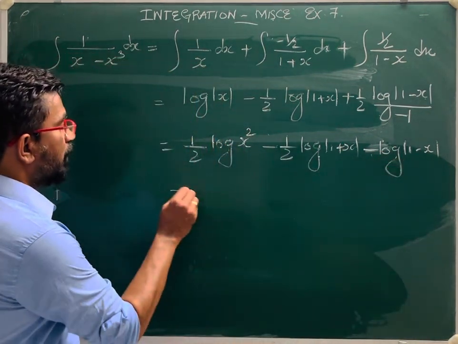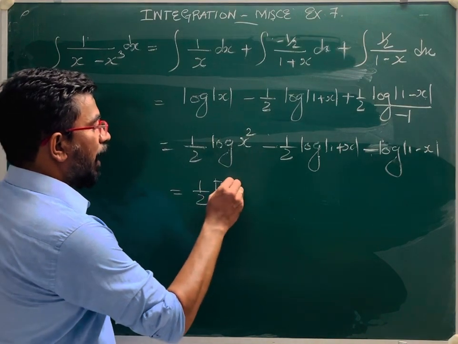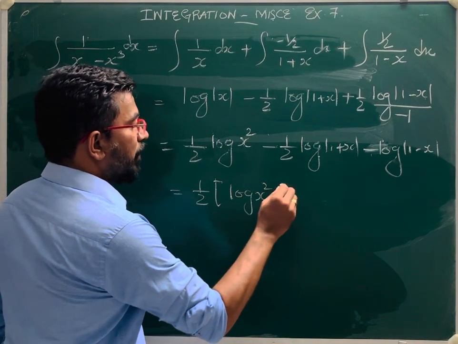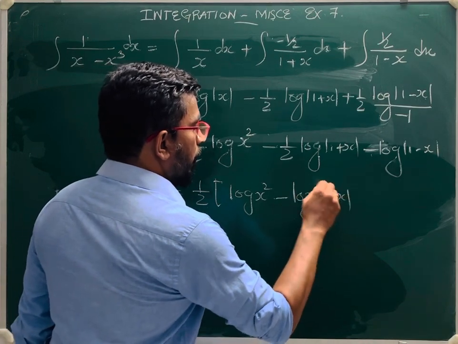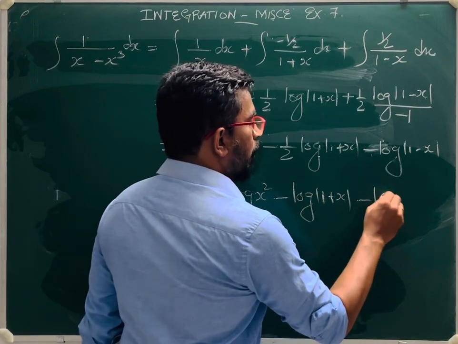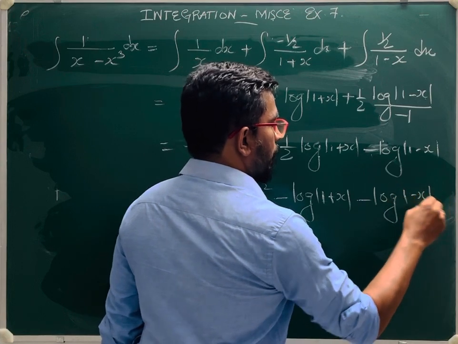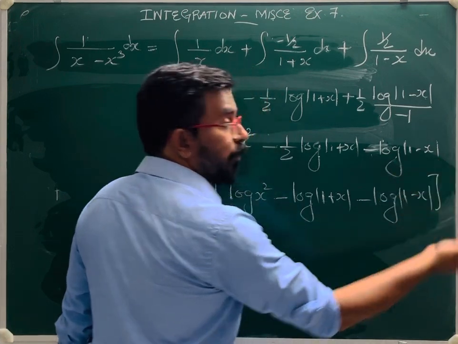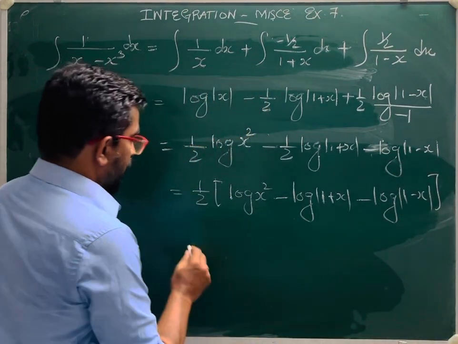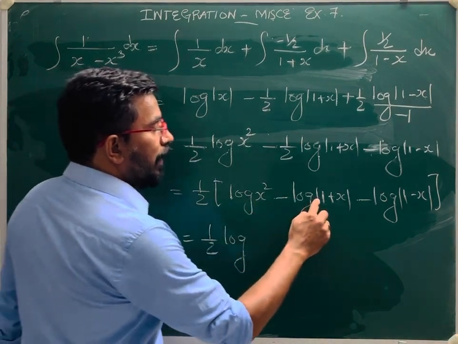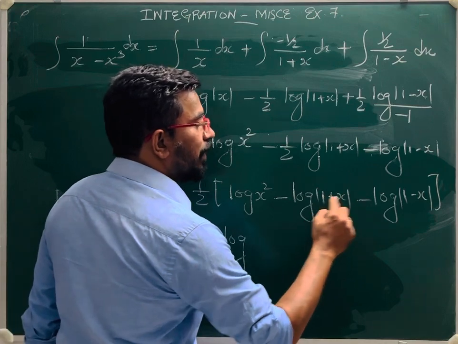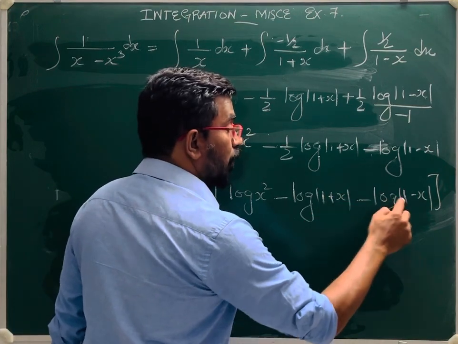So now what I do is, I will take 1 by 2 common factor, I will get log x square minus log 1 plus x minus log 1 minus x. I had to put plus c, I will put it in the last step. Now 1 by 2 log, if you take a minus common factor, it's like log a plus log b, that is log ab.